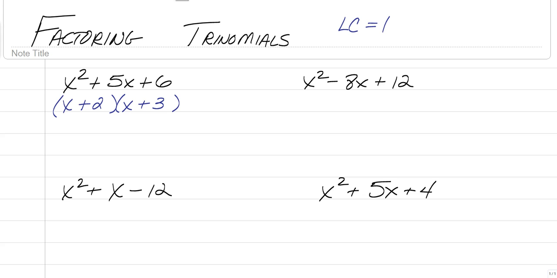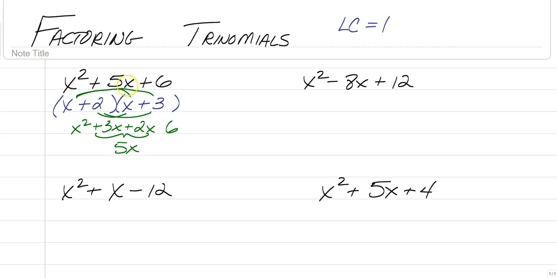Now, just to go back and show you, back in the day when you used to call that foiling, you would multiply the x times x and get x squared. And then you would say x times 3 is 3x, then 2x, and then 2 times 3 is 6. And then you would combine these two, 2x and 3x would add up to 5x.